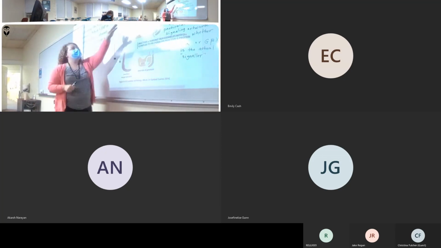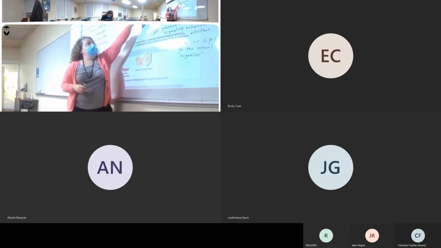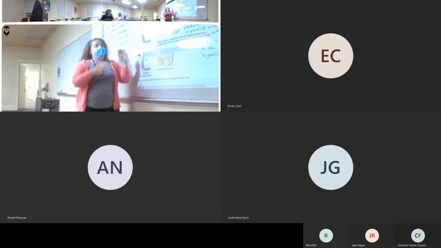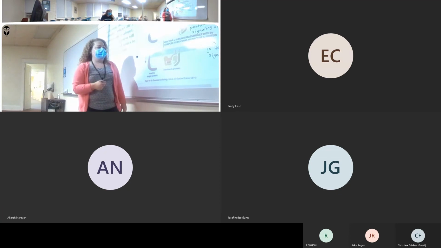So in some cases, G alpha is going to be the signaler during the active state. In other cases, G beta gamma is going to be the signaler. It just depends on what cell that is and what particular signaling machinery it has.